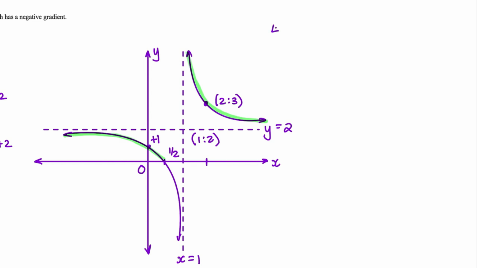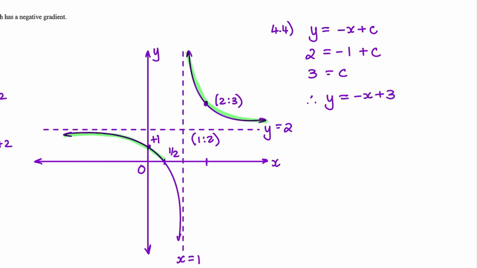For 4.4, we have y equals negative x plus c. I'm replacing y with the horizontal asymptote of 2 and x with 1, and then I can solve c. Therefore, the equation of the axis of symmetry with a negative gradient would be y equals negative x plus 3.